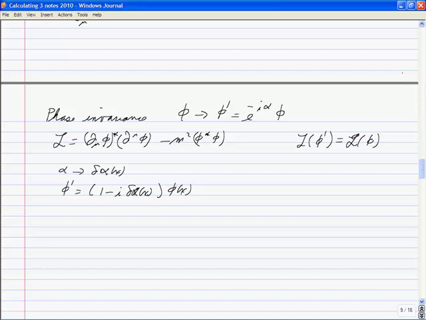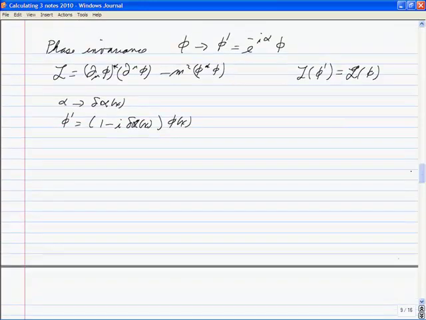Okay, but now because of the derivative terms, that's not going to be an invariant. So let's look at what comes out.